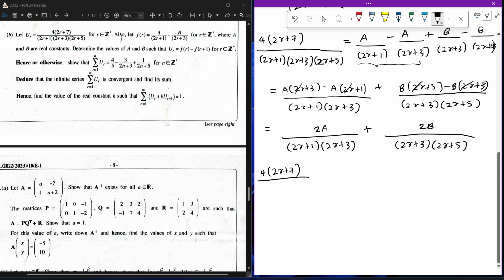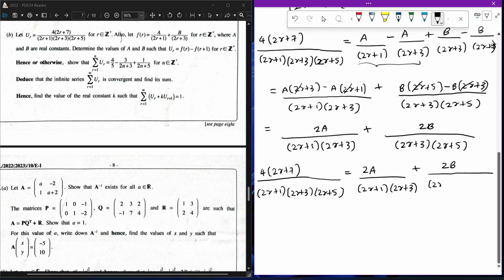So again, 2r plus 1, 2r plus 3, 2r plus 5 equals 2a, 2r plus 1 and 2r plus 3, plus 2b, 2r plus 3, 2r plus 5.